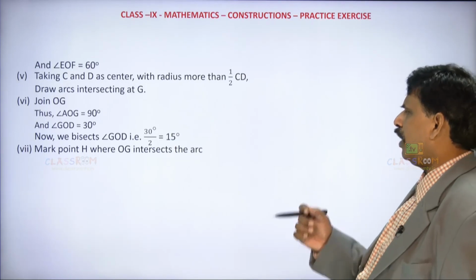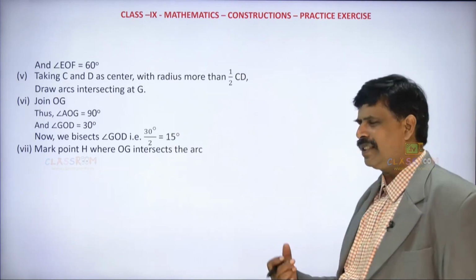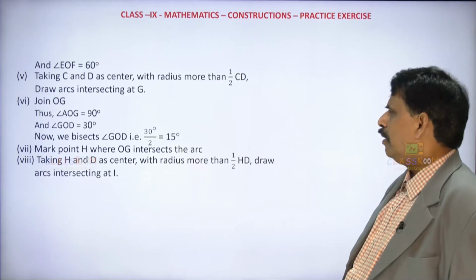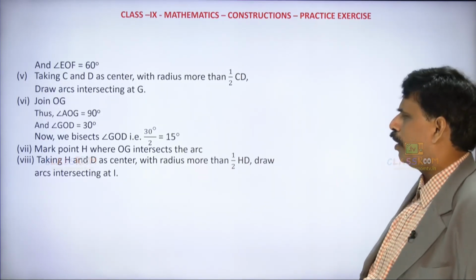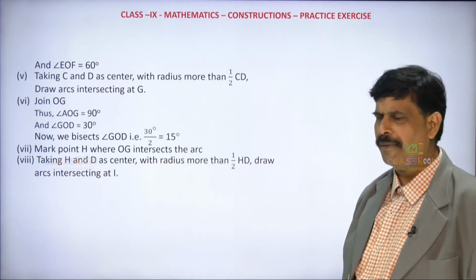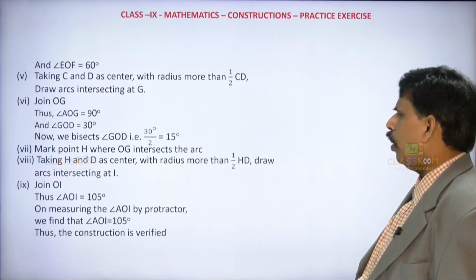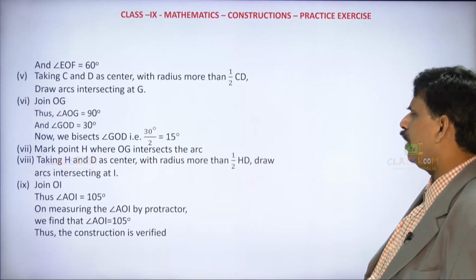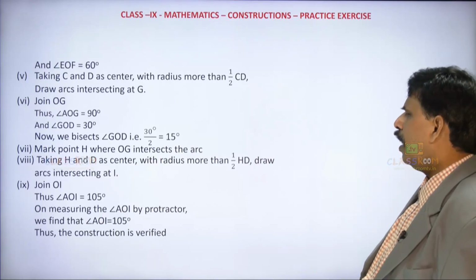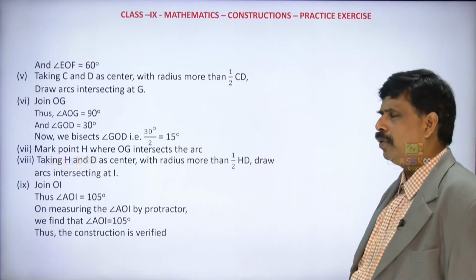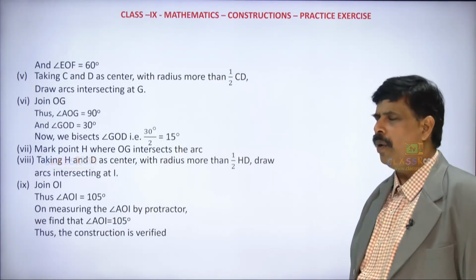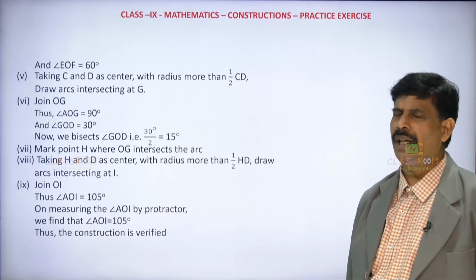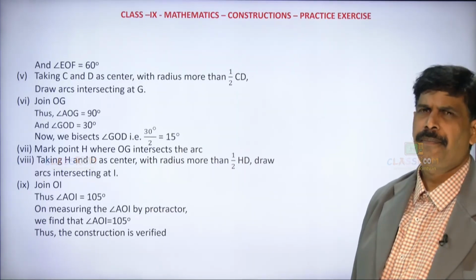Take a point H where OG intersects the arc. Now taking H and D as centers and radius more than half GD, draw the arcs, they intersect each other at I. Join OI, we get angle AOI as 105 degrees. With the help of the protractor, if you check angle AOI, we get 105 degrees, so the construction is verified.